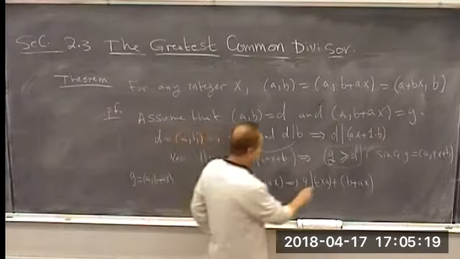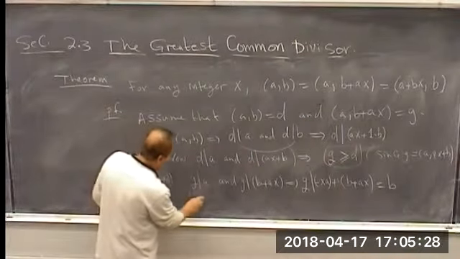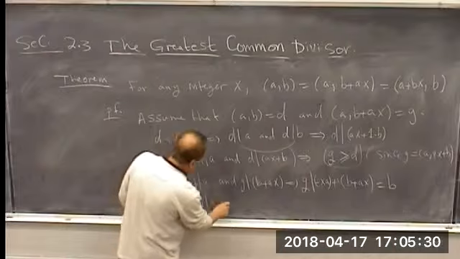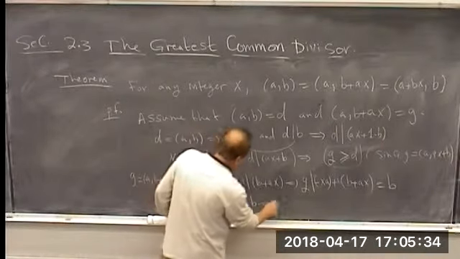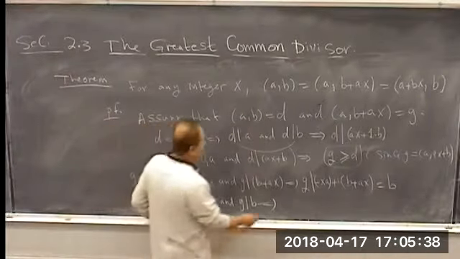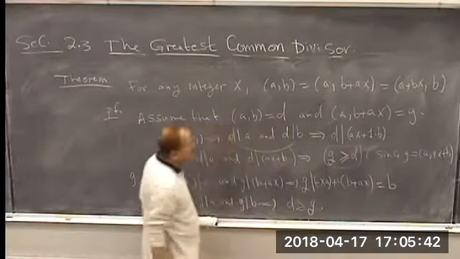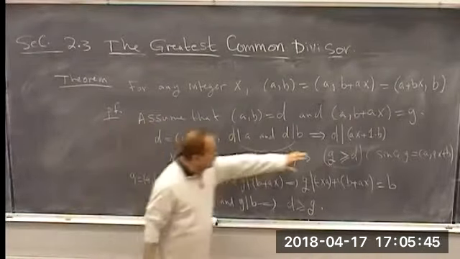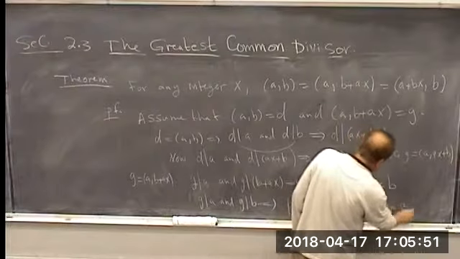And this together is going to give me B. So this time G is a common divisor of A and B. And since D is the greatest common divisor of these, then D must be bigger than or equal to G. So these two inequalities together would imply that D is equal to G.